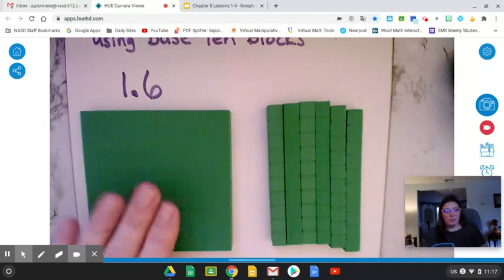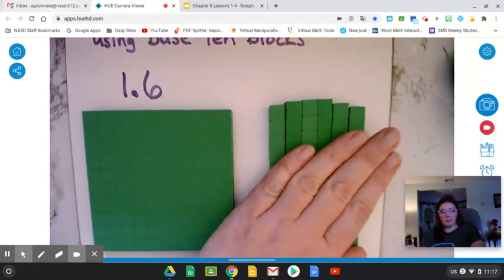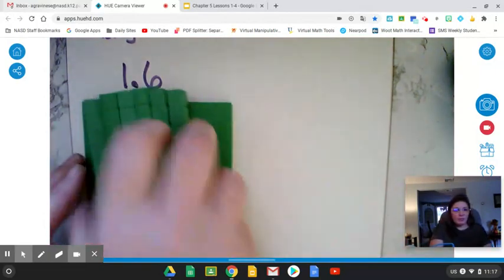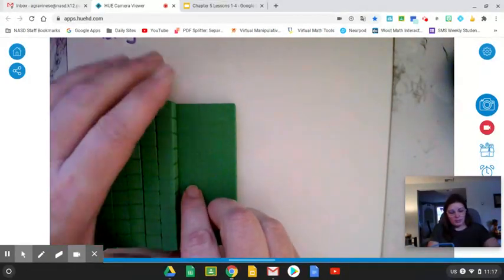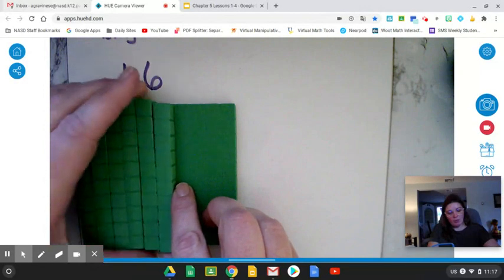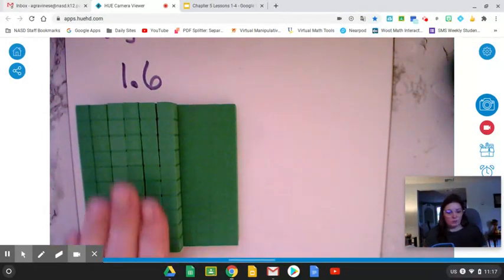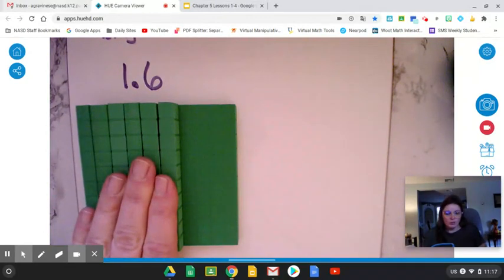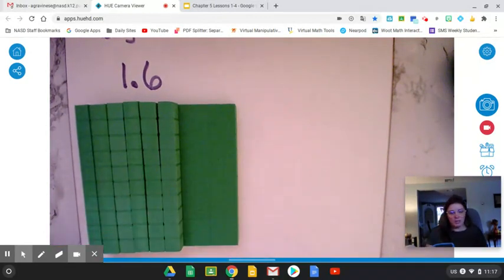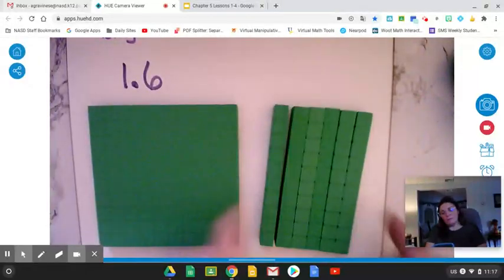So this represents one whole and 6/10. We can see that 6/10, when I lay it on top of my whole, is less than a whole. So 6/10 is part of our whole. It's not an entire whole amount.